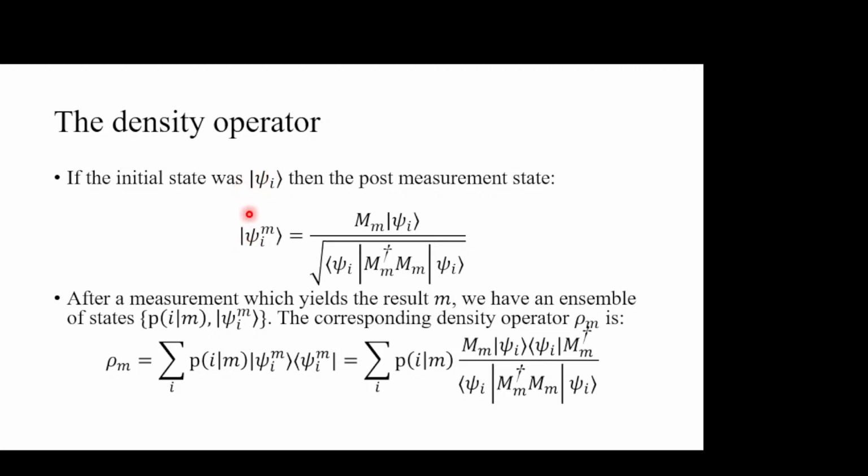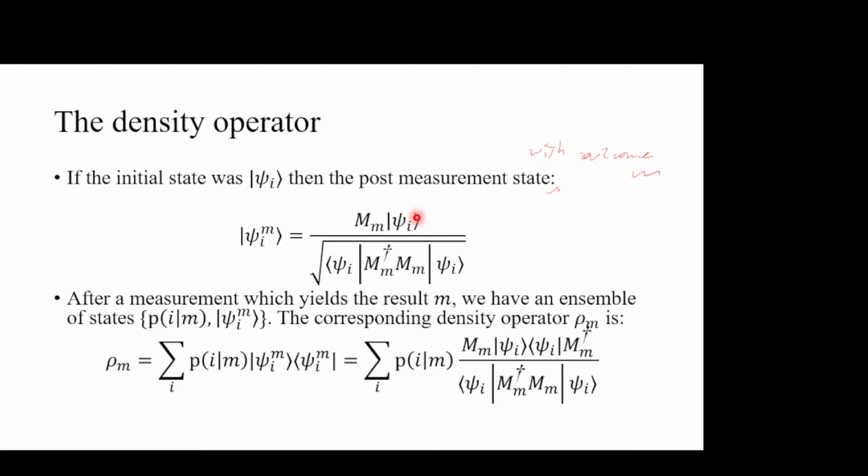If you have an initial state being psi_i and you have outcome m, the post-measurement state with outcome m is M_m psi_i, normalized.